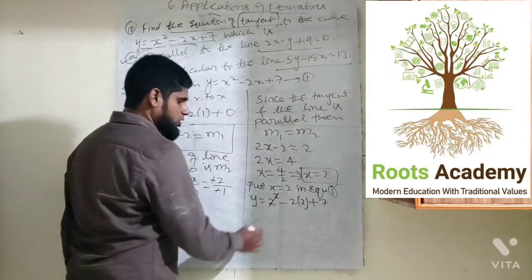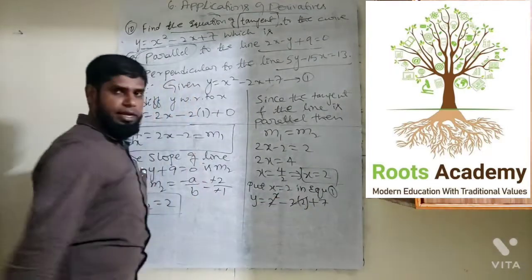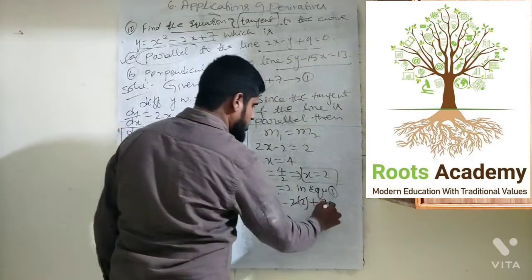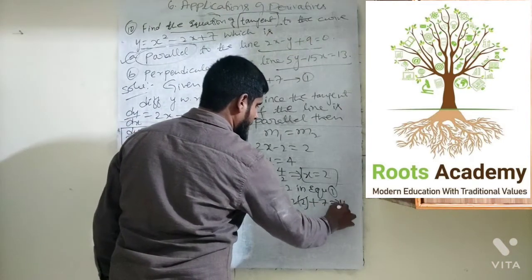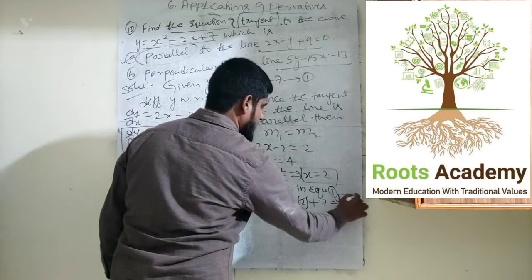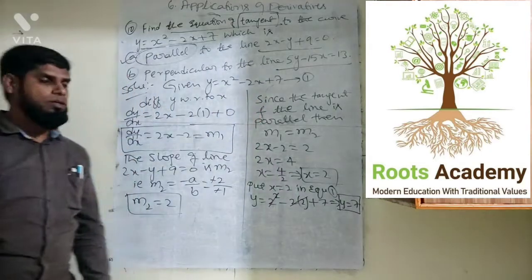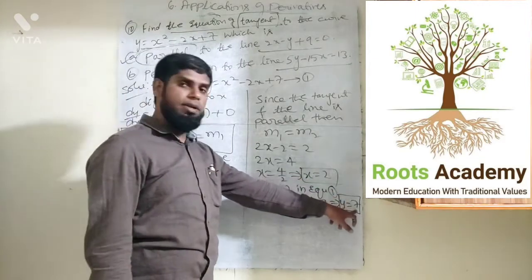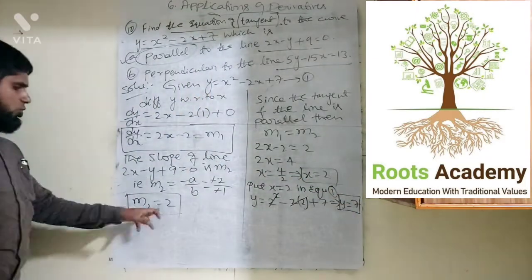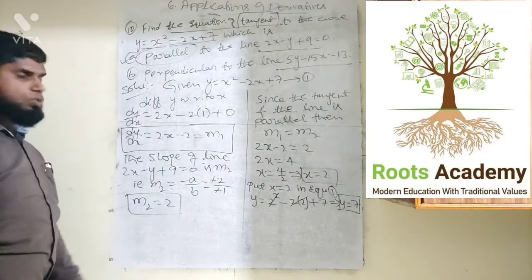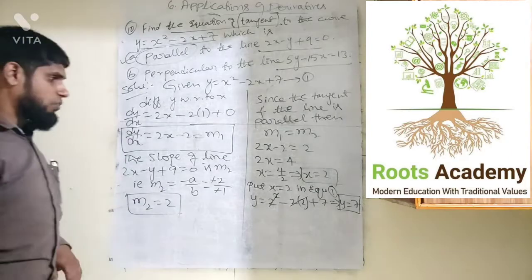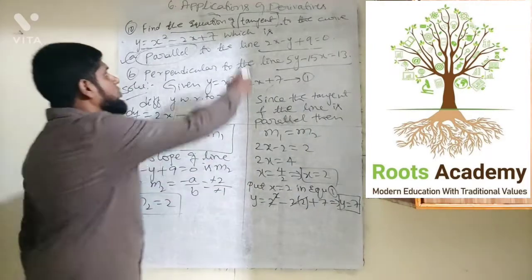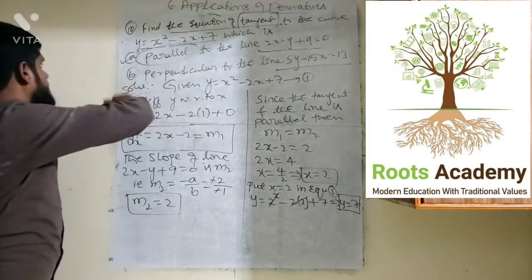So 2 square is positive and 2 into 2 is negative, so they cancel. So y is equal to 7. Student, very simple it is. The point is (2, 7) and the slope is 2. With this slope and this point, let us find the equation of tangent when it is parallel.